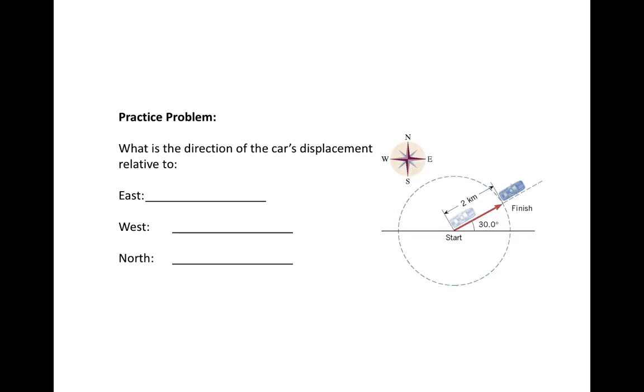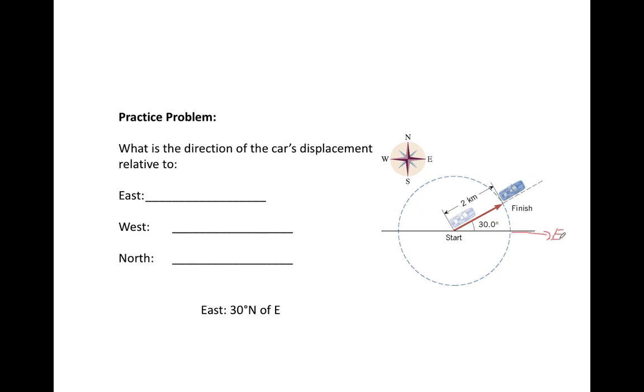So try this. What is the direction of the car's displacement relative to east, west, and north? Pause the video and give it a try. Okay, so relative to east, it's 30 degrees north of east. So this is the eastward direction.